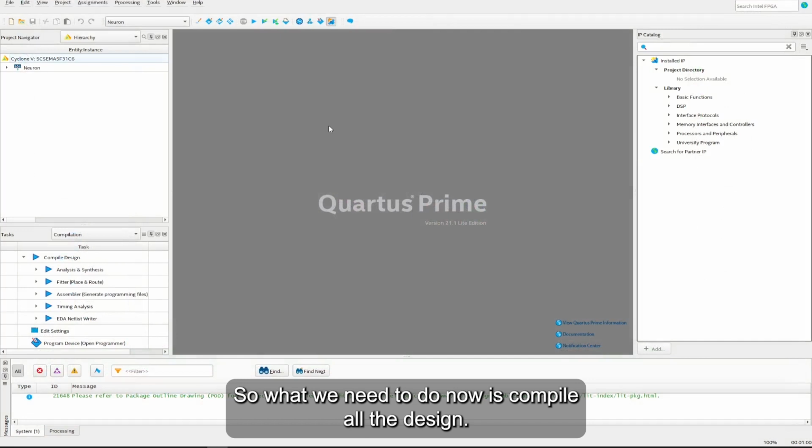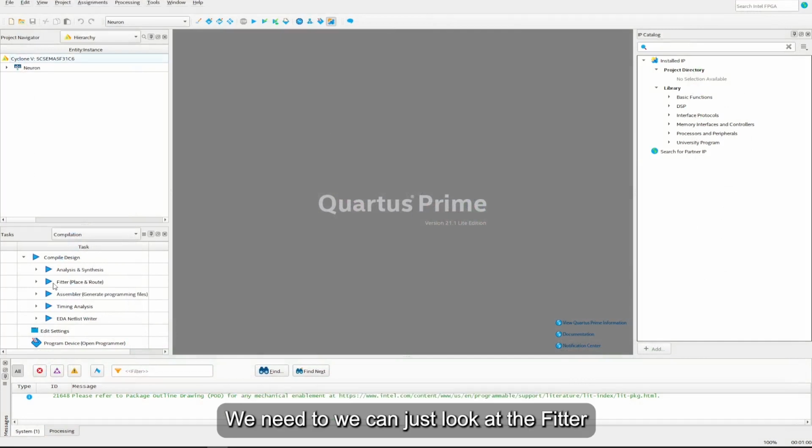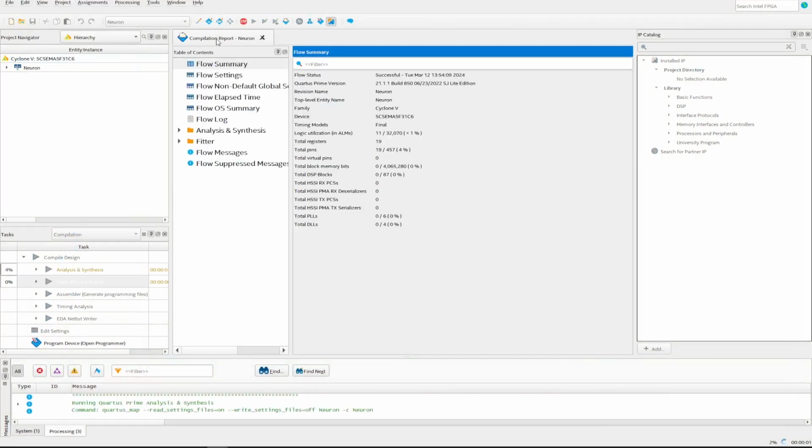So what we need to do now is to compile all the designs. We can just look at the data to see the cost.